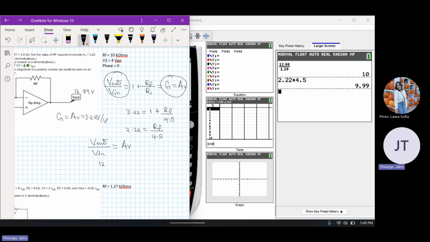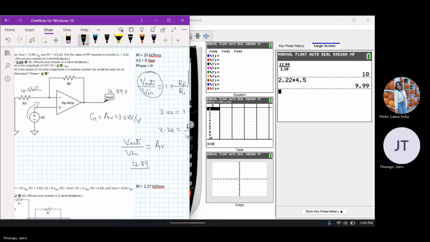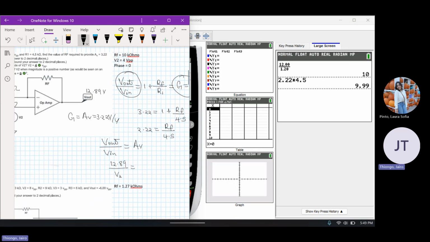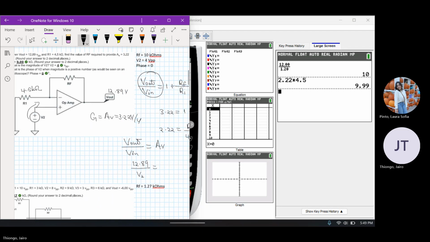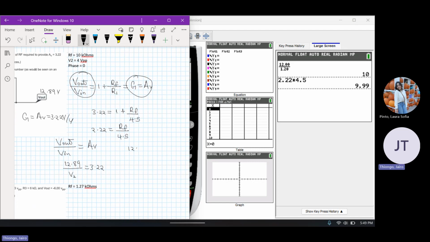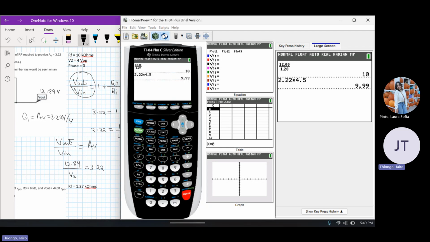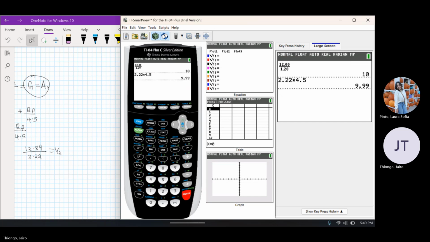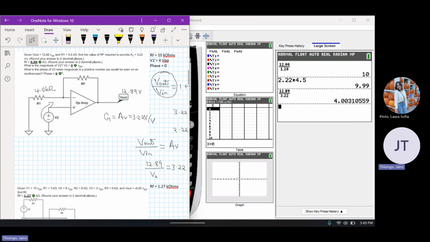V out is 12.89 over V2, which equals 3.22. So 12.89 over 3.22 equals V2, and we get our answer as 4.